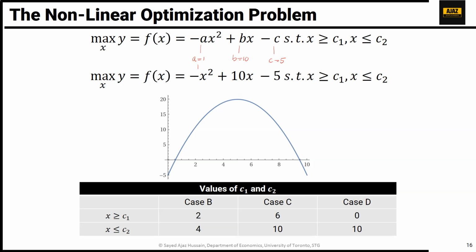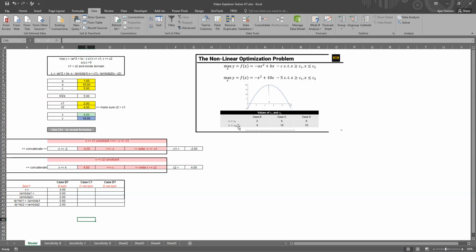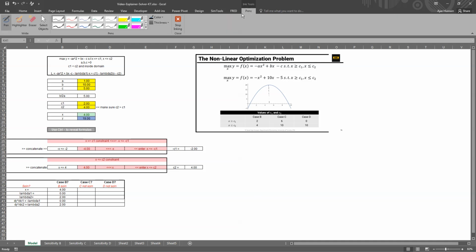If you now look at the spreadsheet, here's a function right here. So here's your A, B, and C, and here's the problem right here with those parameters. A is equal to 1, B is equal to 10, and C is equal to 5.